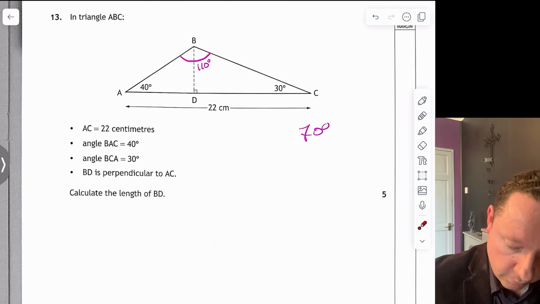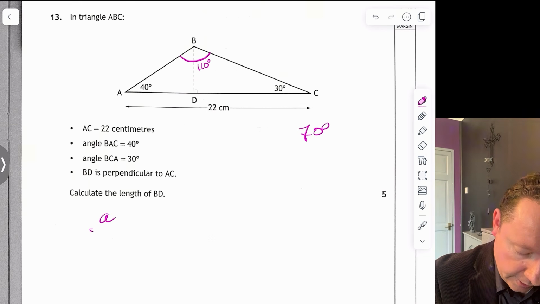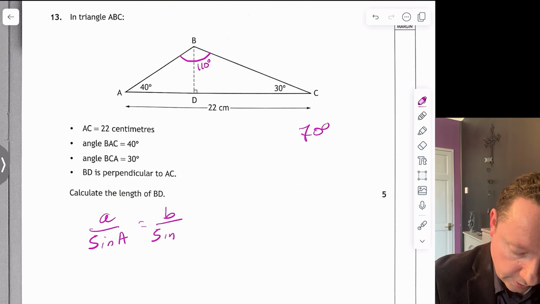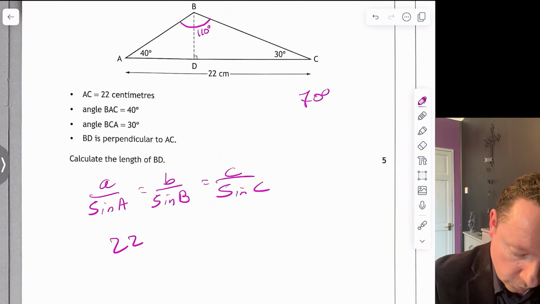So we have got, start exam paper, A over sine A is B over sine B, is C over sine C. That's just to remind you, but it's just that I think about opposites. So I've got the whole length 22 over sine 110 equals, and I'm just going to find this one.